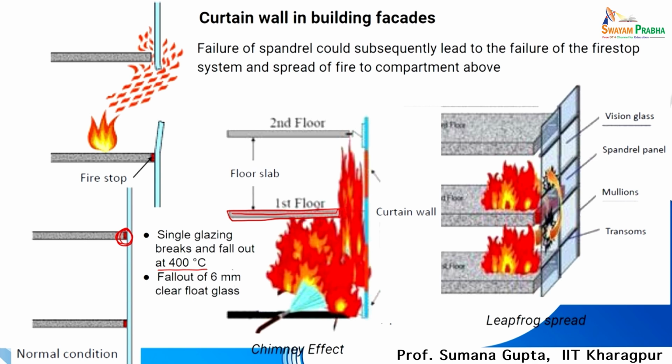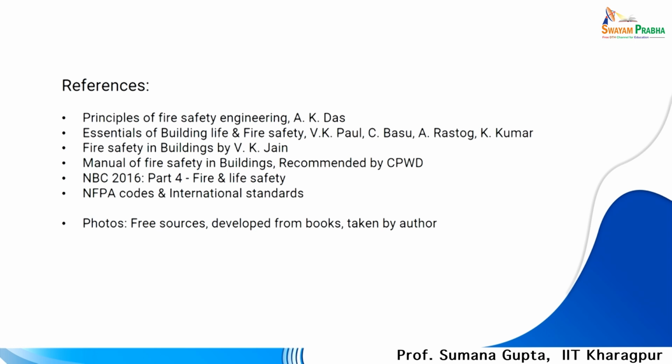So, for passive protection, whatever we had learned so far is very important, but when the building moves to a larger scale, we have to also think of active mechanisms.